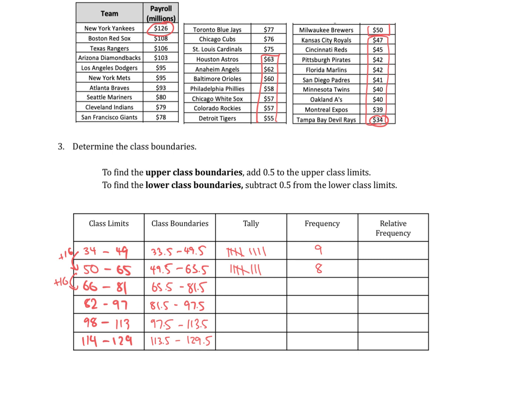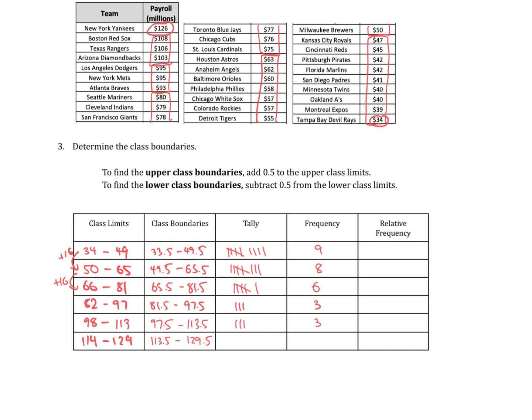66 to 81 would be these 6 data values right here. And then 82 to 97 would be these 3. And 98 to 113 would be these 3.